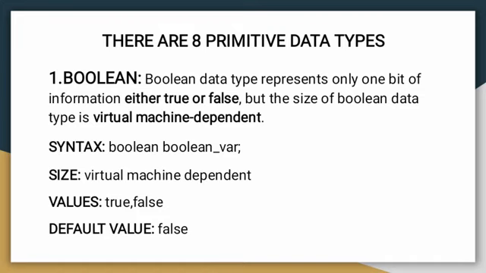Size, it is virtual machine dependent. The values that Boolean takes, true or false. The default value stored in a Boolean variable is false. This is brief explanation of Boolean type. Further slides we are going to discuss further.